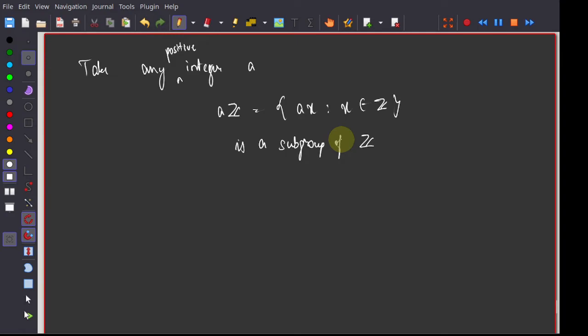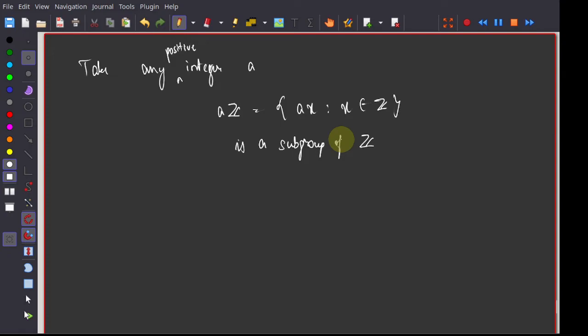Now, if I take any real number a, it is still a group, but it's not a subgroup of Z. So, for example, I can take the set of all half times Z. That is 0, plus half, minus half, plus 1, minus 1, plus 1.5, minus 1.5 and so on.